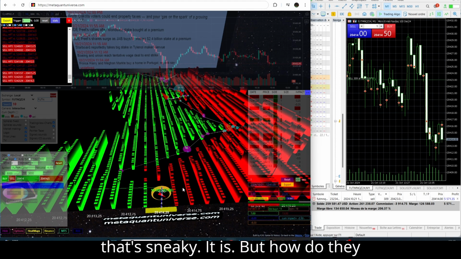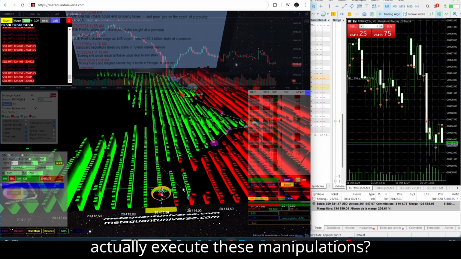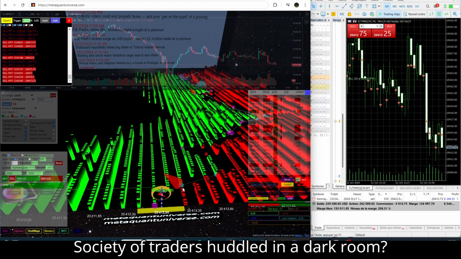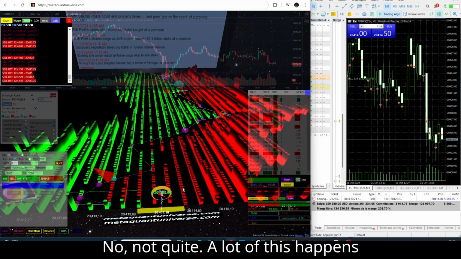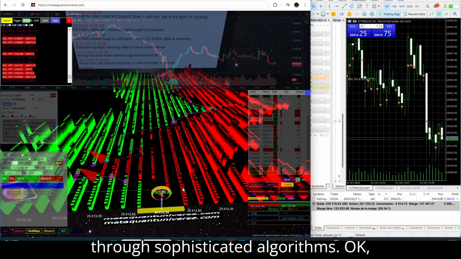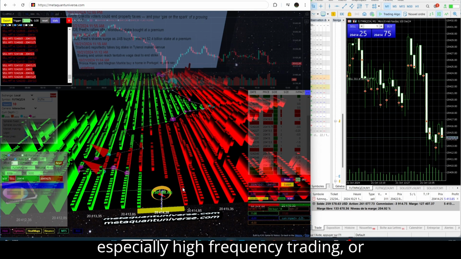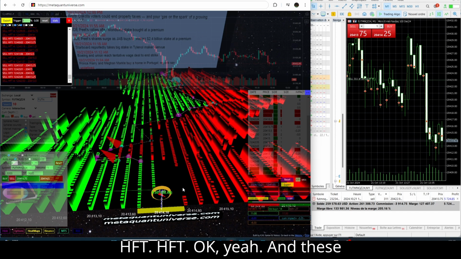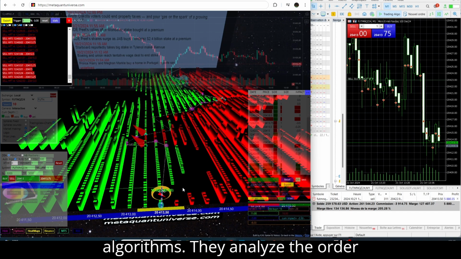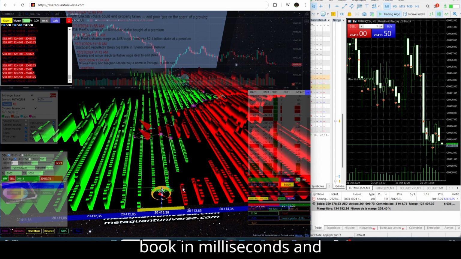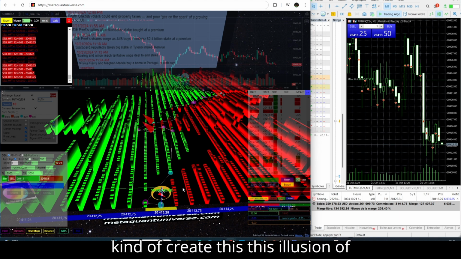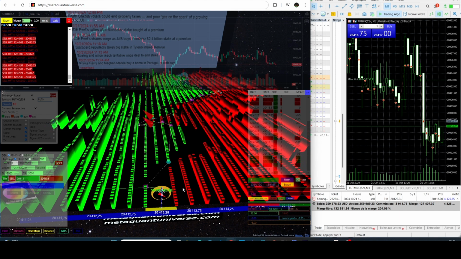It is. But how do they actually execute these manipulations? Is it some secret society of traders huddled in a dark room? No, not quite. A lot of this happens through sophisticated algorithms, especially high-frequency trading, or HFT. These algorithms analyze the order book in milliseconds, and then they make lightning-fast trades to create this illusion of price movements.